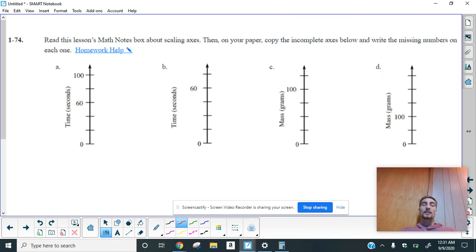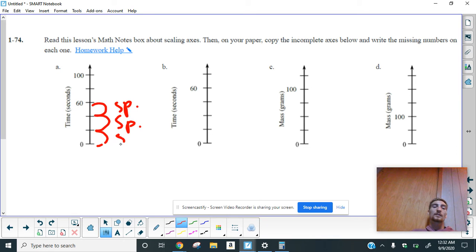And what that means here, I'll show you, is we're going to look at the length between, say, 0 and 60. So there's 1, 2, 3 areas of space between the hash marks. And we're going to look at the number from 0 to 60.